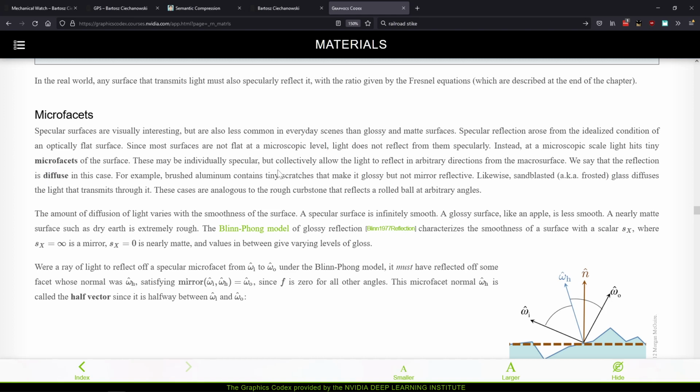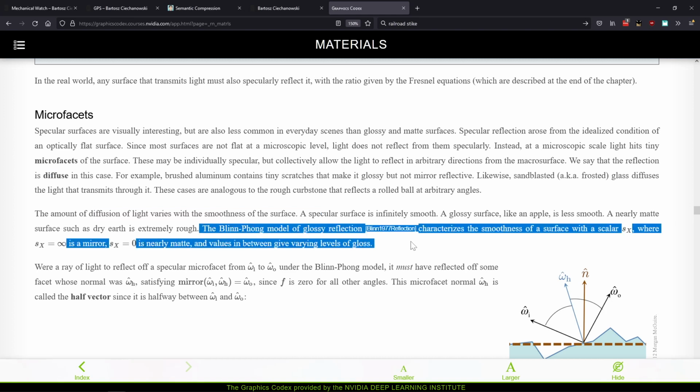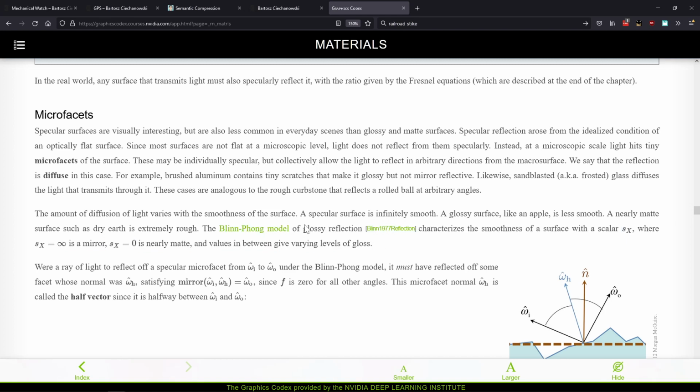We call it diffuse. How much varies. And then the very basic Blinn-Phong just has a single value for glossy reflection, where it's either infinitely reflective or nearly matte.